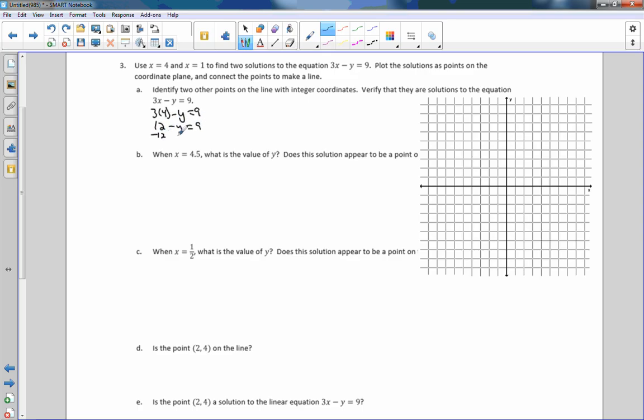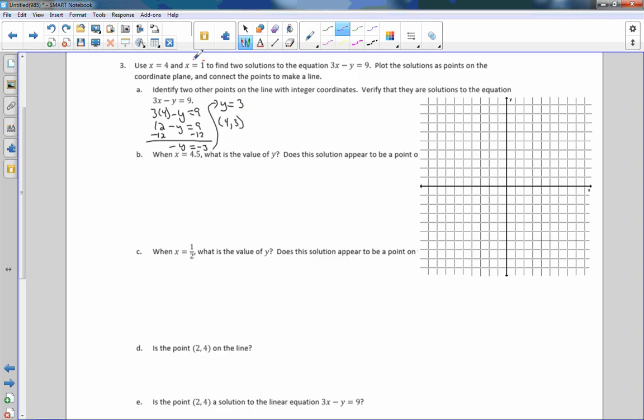Subtract 12, subtract 12. Don't forget this negative sign. Negative y equals 9 minus 12, which is -3. If negative y equals -3, then multiply both sides by -1, or divide both sides by -1, and y will equal +3. So when x is 4, y is 3. So that's the point 4, 3.